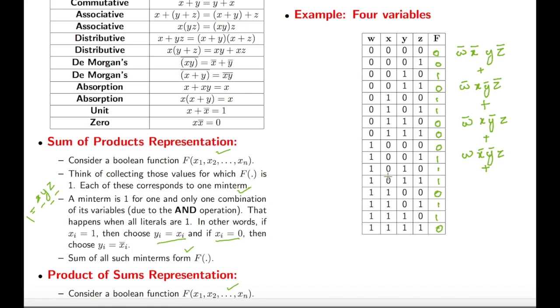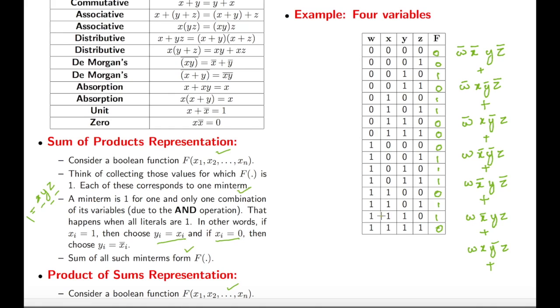Plus w, x bar, y, z bar. Plus w, x bar, y, z. Plus w, x, y bar, z.